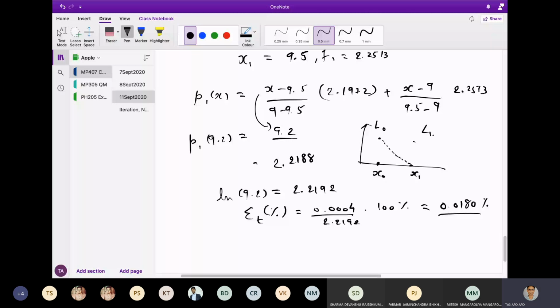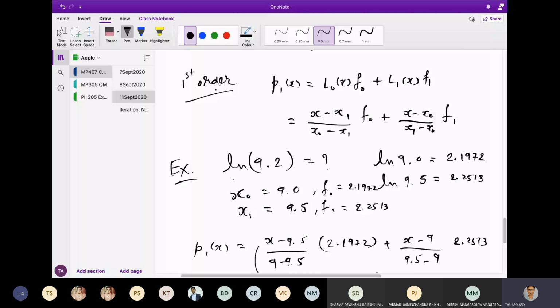I think this will be L0, because it is increasing, and the other one goes negative, so this will be L1. So this is 9.0, this is 9.5, and the values in between are between 0 and 1. In between these two, somewhere here, we are approximating the value of 9.2. So we are having a straight line, so that's why we are saying linear interpolation, by taking a straight line.